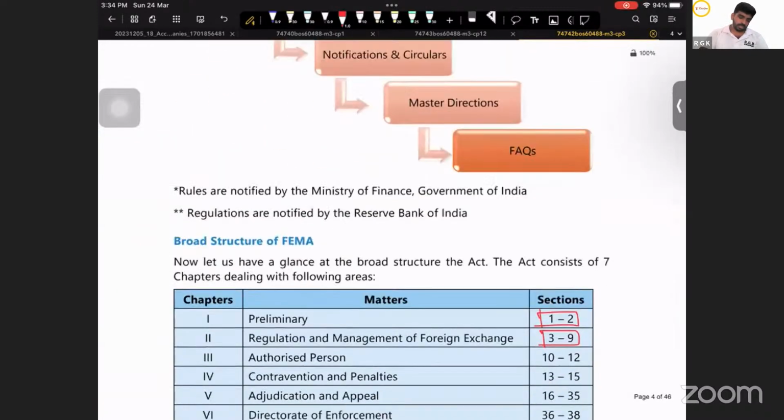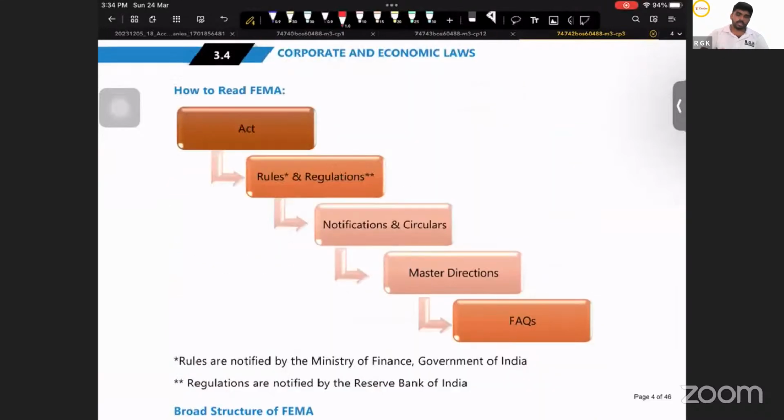Now, the foreign exchange management law comprises various components. The first one is the act. The act is the publication of the legislature. We have the act in the form of the Foreign Exchange Management Act 1999.